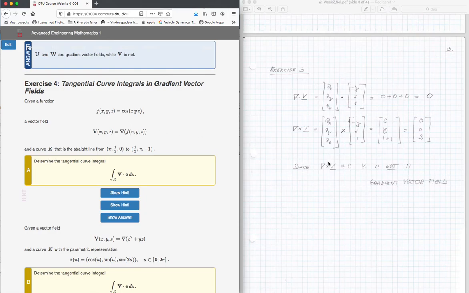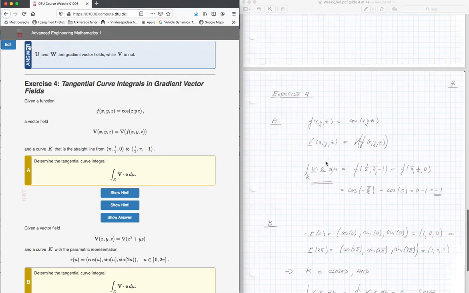Let's see that we have a function, and a vector field which is a gradient vector field because this is the gradient of this function, and you should evaluate the curvilinear integral along the straight line from a specific point to another point.